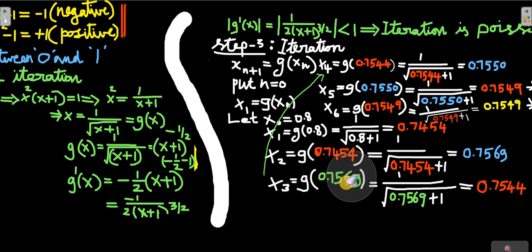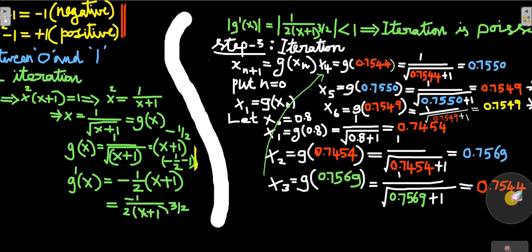Again by the definition of g, we get 1 by square root of x plus 1. Here at x we have 0.7569, so substitute it here and add 1, and we get 0.7544.